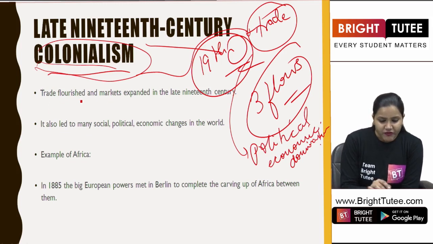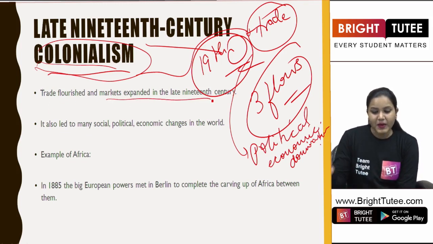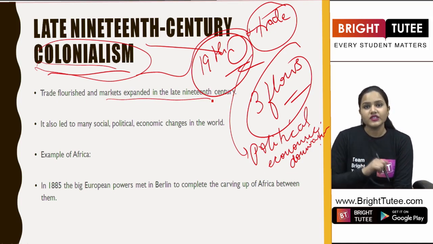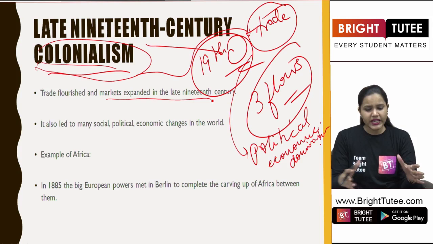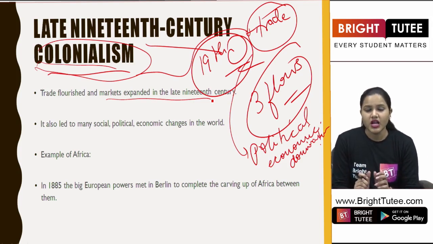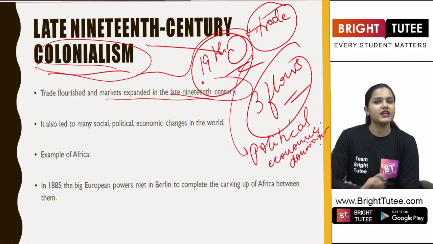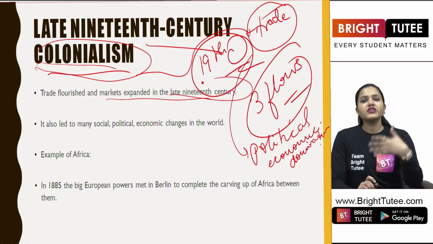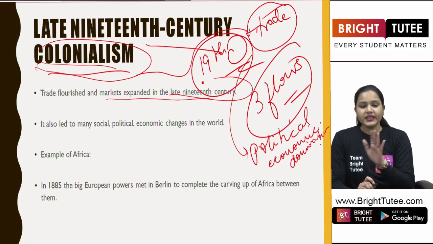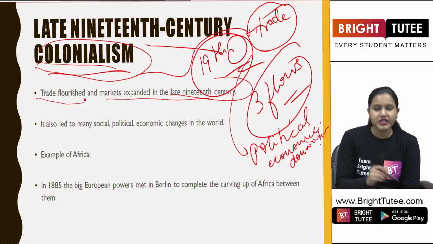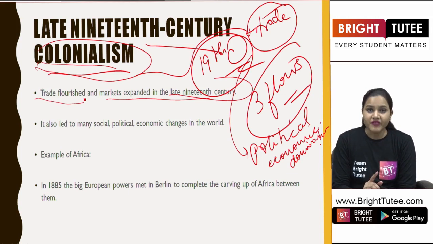Now, the trade flourished and markets expanded in the late 19th century. And again, you have learnt about this, right? You can totally connect with the whole idea here. So when I'm saying late 19th century, what do we understand by it? Let's say after the 1850s, 1860s, what are we seeing? That trade is flourishing all over the world. Why?